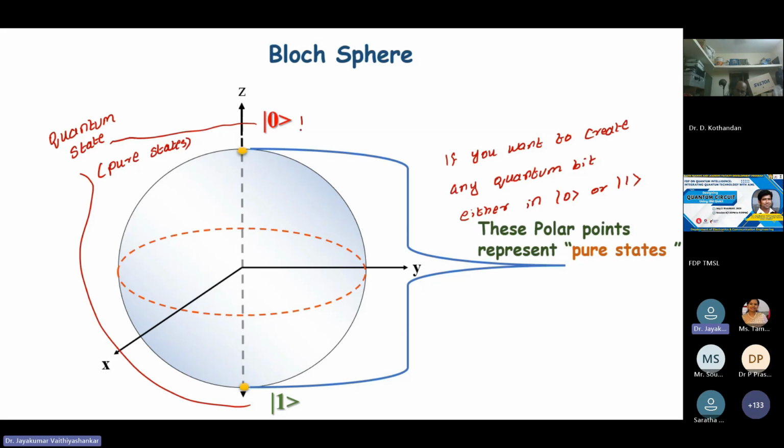Imagine this is black and this is white. Imagine in such a way. So only 2 possibilities if you want to create any quantum bit: state 0 or state 1. And this state 0 and state 1 are called known quantum states.